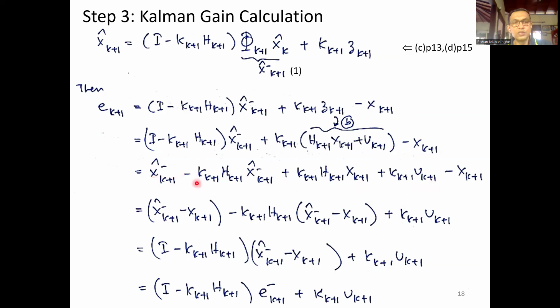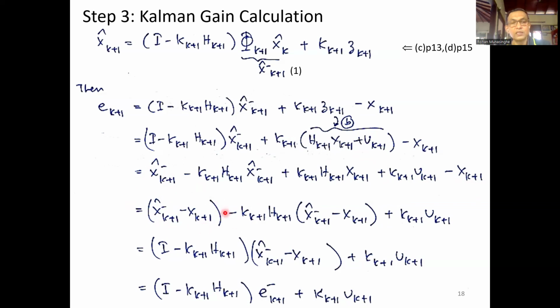Now we move on to this level where you expand this bracket, and therefore you get x hat minus k plus 1 minus KH x hat minus k plus 1, the second term, plus first term over here, plus second term minus K x k plus 1. Then you can figure out x hat minus k plus 1 over here and x k plus 1 over here. So combine these two together up front over here.